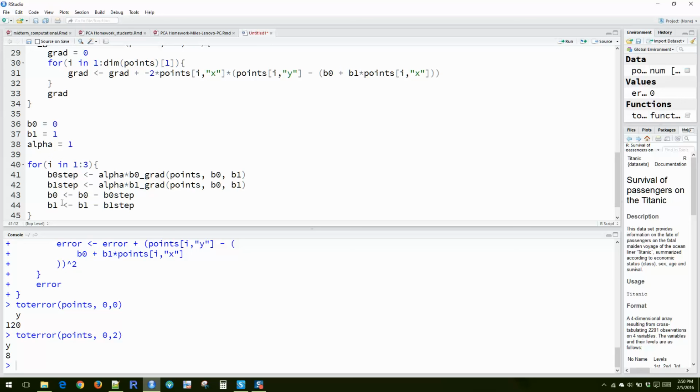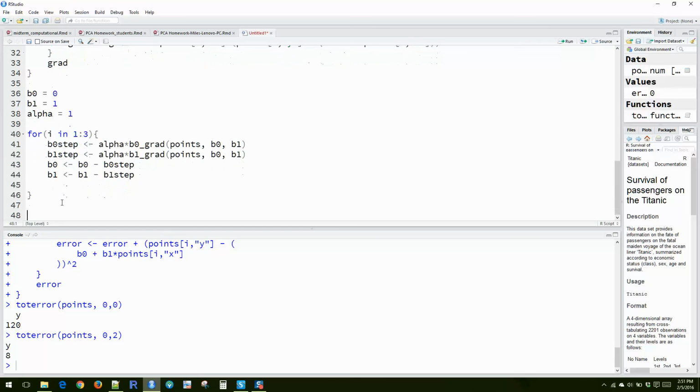You have to figure out the current step, because if I updated b0 immediately after finding the step, then this gradient is going to be thrown off because now it's plugging in the new value for b0, okay? So you have to take the current values of b0 and b1, find out how much you're going to step in each of those directions, and then after you find out how much you're stepping, then you update that step, okay?